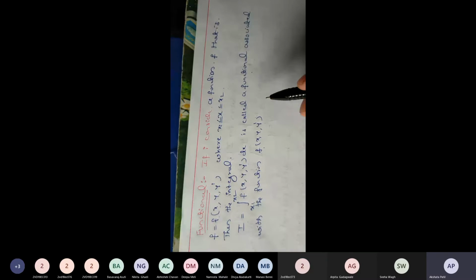In other words, we can say that functional is a mapping from functions to real numbers.